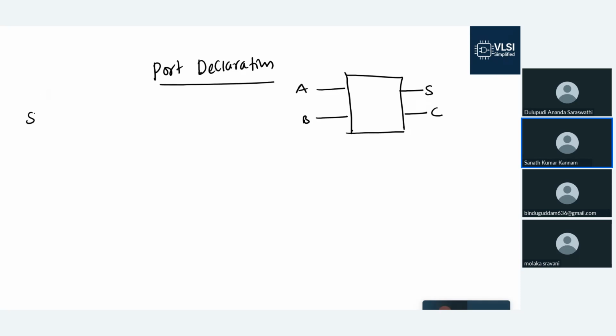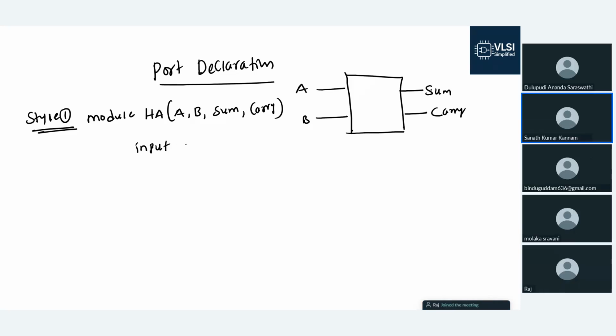Style one: module half adder, where I define A comma B comma sum comma carry in the port list. Then define input A comma B, output sum comma carry, and endmodule. So this is style one.